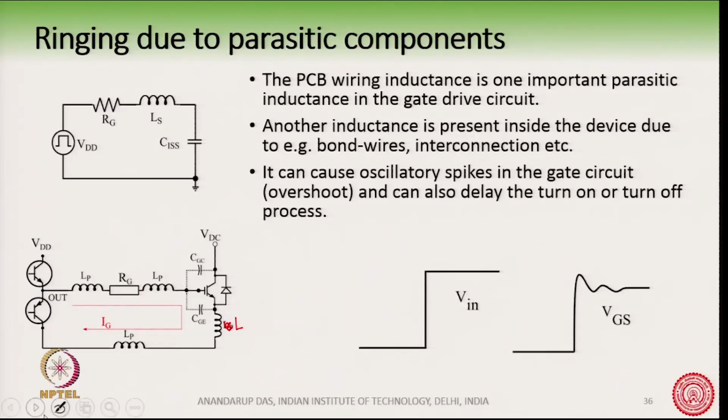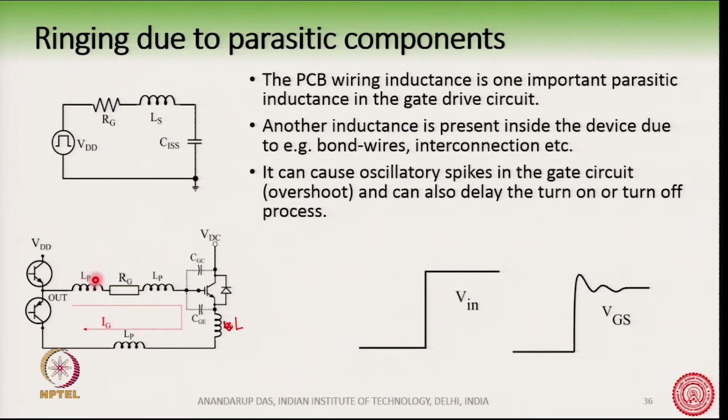So, if we see this circuit carefully, we will see that this circuit is not exactly an RC circuit, rather it is an RLC circuit, with these inductances in the picture.